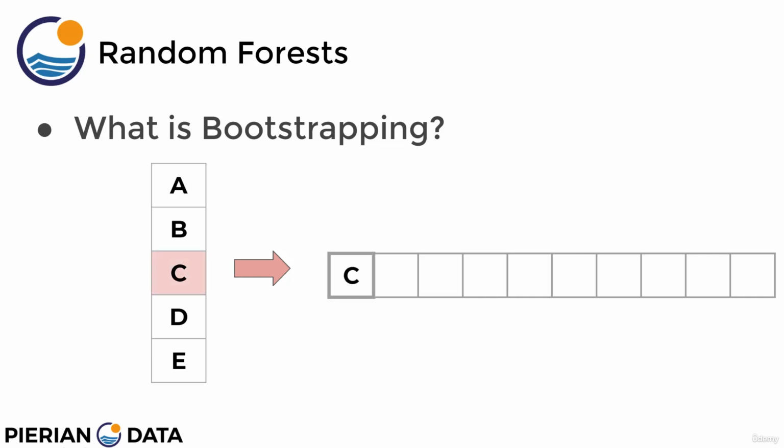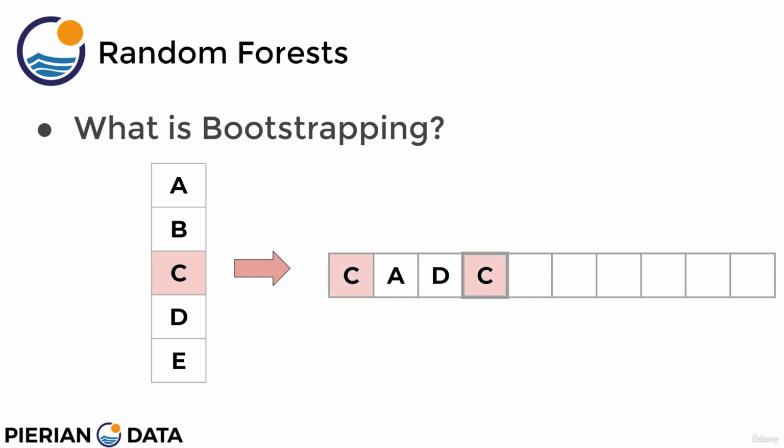So for example, I could start off by selecting C, then I randomly choose A, randomly choose D, and you notice that I am allowed to choose the same letter more than one time. This is known as bootstrapping, allowing to have a replacement, so random sampling with replacement. Notice here, the only way I could select 10 instances from a set of 5 would be with allowing me to select the same letter twice.